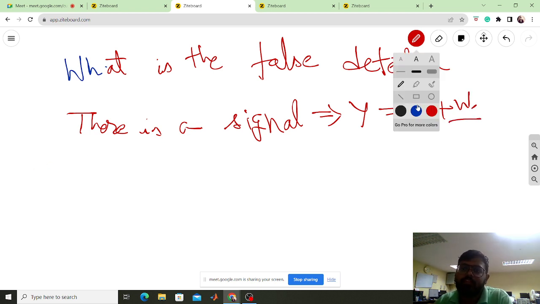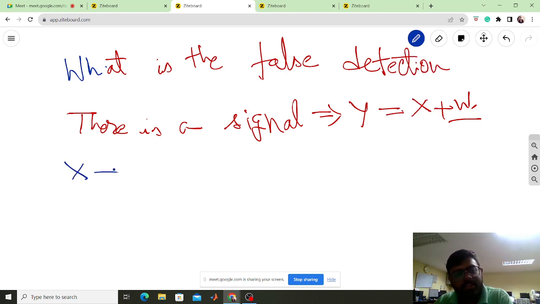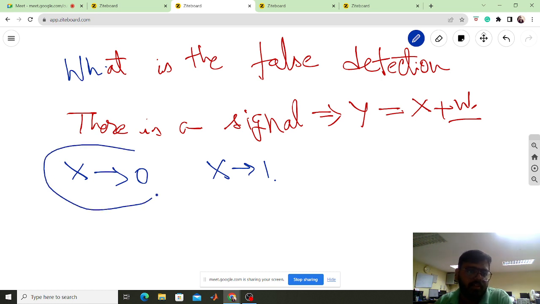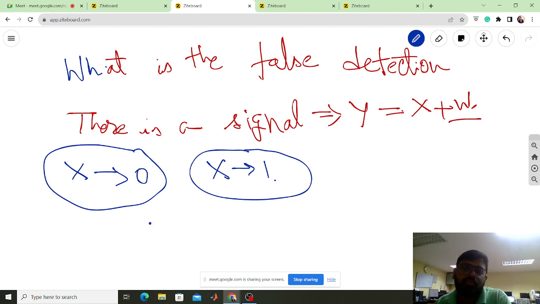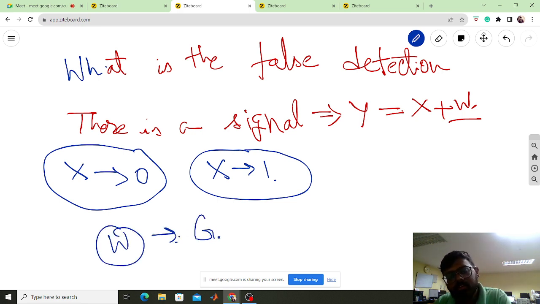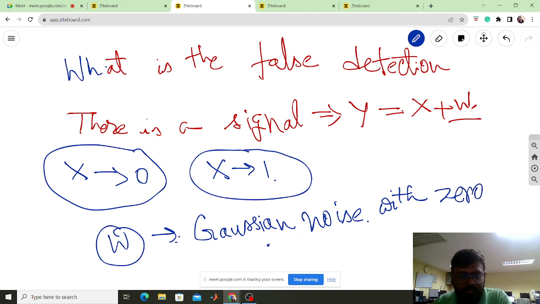Where is the randomness here? Suppose x can take the value 0 or the value 1. These two values x can take. Now we have to comment whether x is 0 or 1. Randomness is w. W is a Gaussian noise with 0 mean and some variance sigma square.